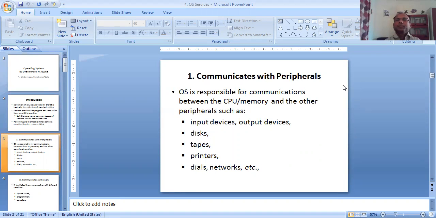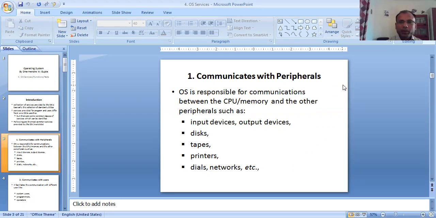So first one, as we know from the definition of the operating system, the first utilities handled by the operating system is the communication with the peripheral devices. Peripheral devices include the hardware devices, including memory, input and output devices. So from the definitions, it is also clear.